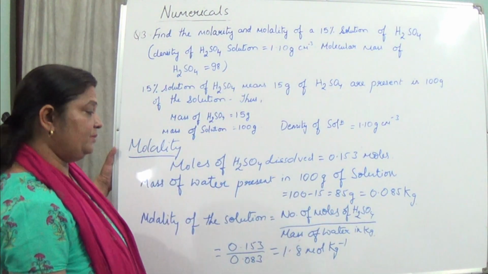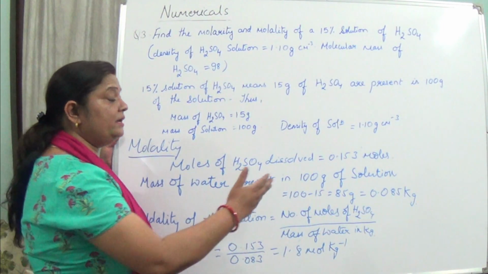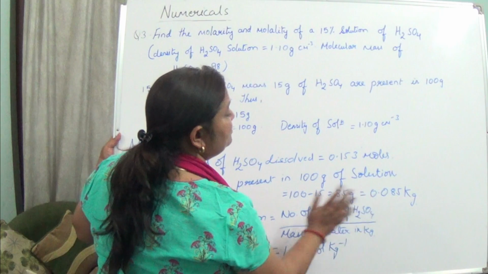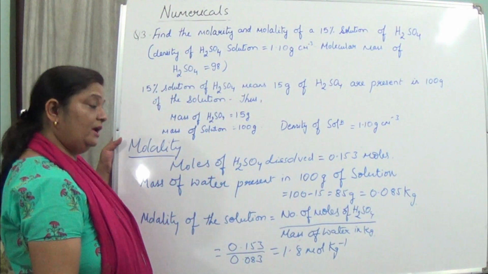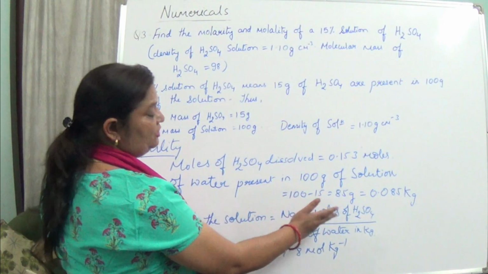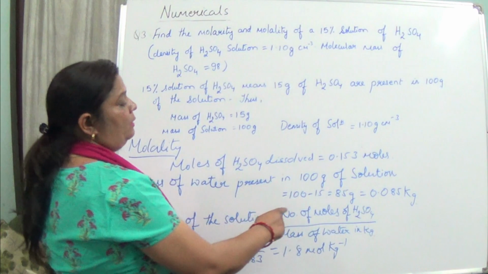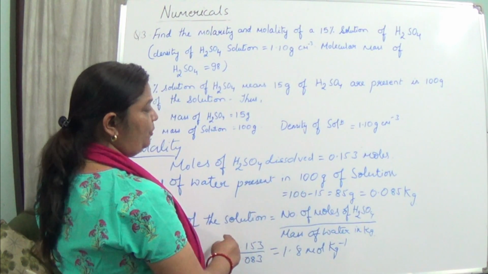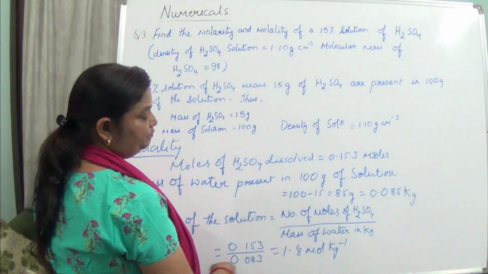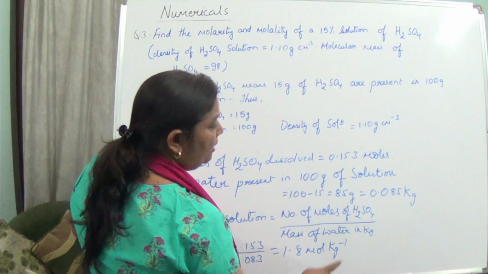Convert it into kg, because in the formula of molality it is in kg. So 85 grams converted into kg becomes 0.085 kg. So molality of the solution is equal to number of moles of H2SO4 upon mass of water in kg. The number of moles is 0.153, and the mass of water in kg is how much did you get?